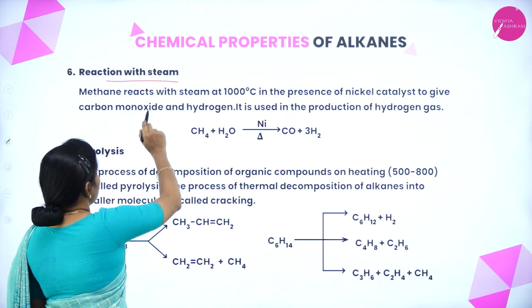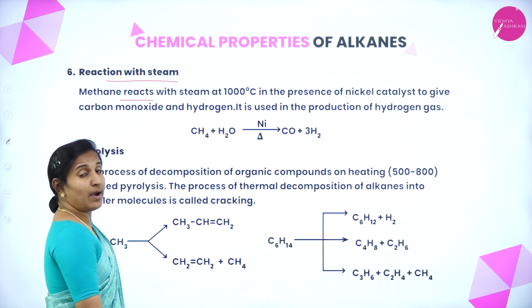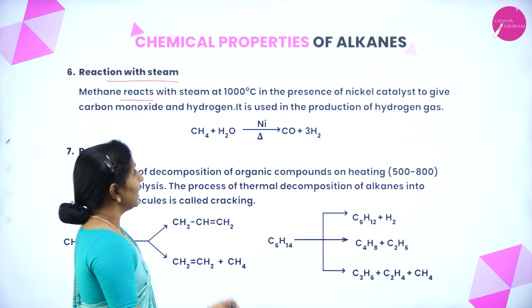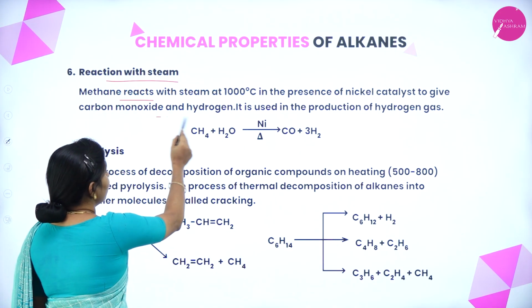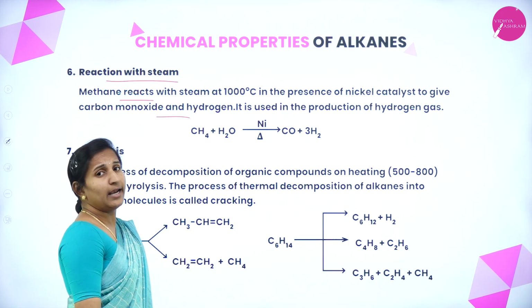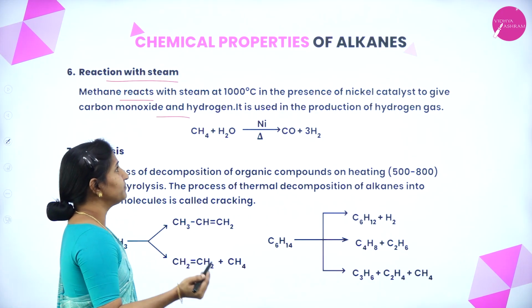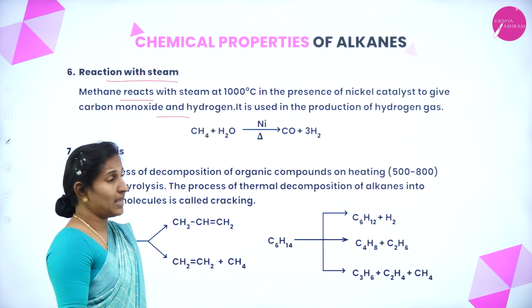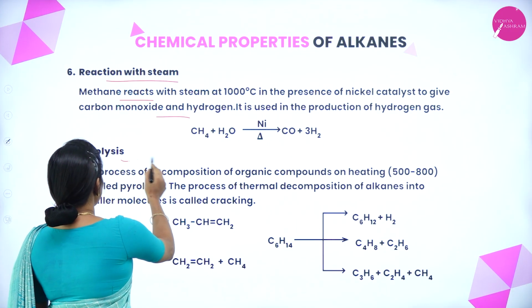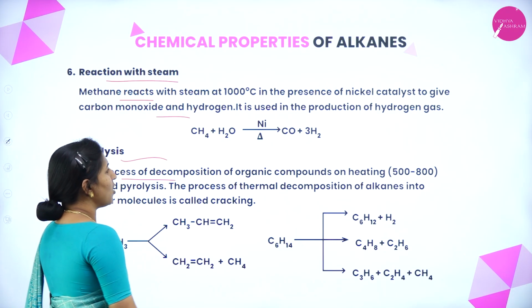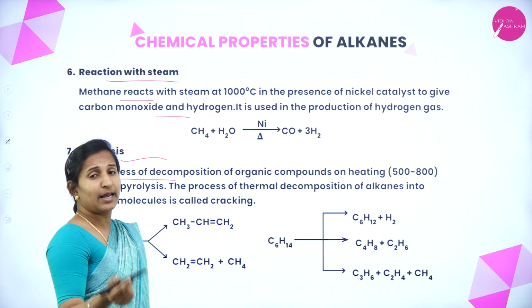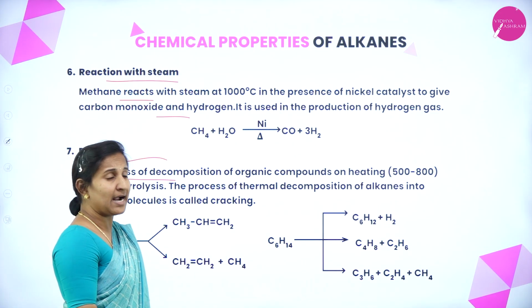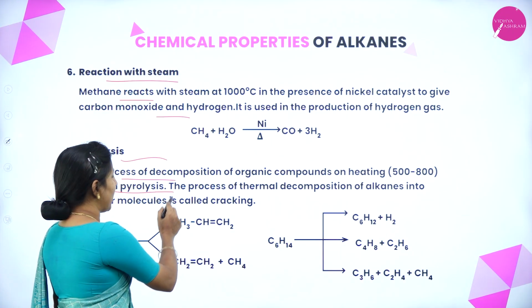Reaction with steam. Methane reacts with steam at 1000 degrees Celsius in the presence of a nickel catalyst to give carbon monoxide and hydrogen. It is used in the production of hydrogen gas. Pyrolysis. The process of decomposition of organic compounds on heating at a temperature of 500 to 800 Kelvin is called pyrolysis.